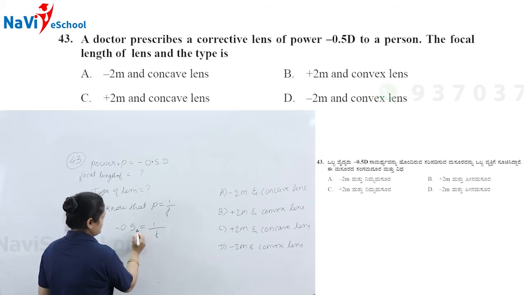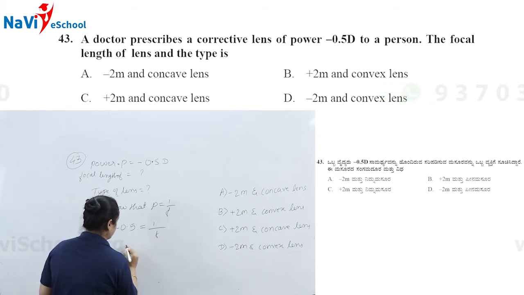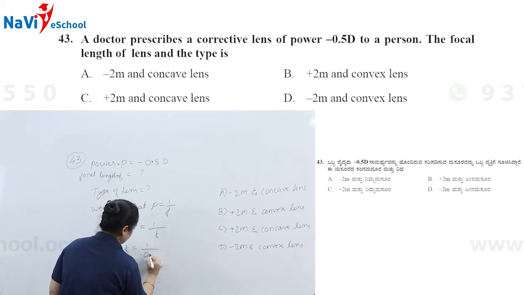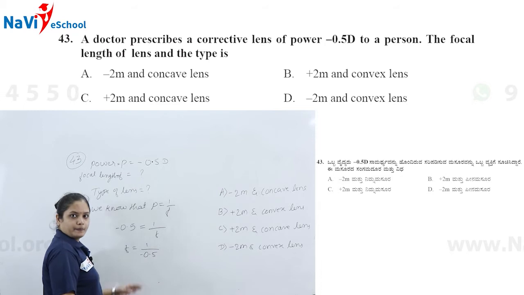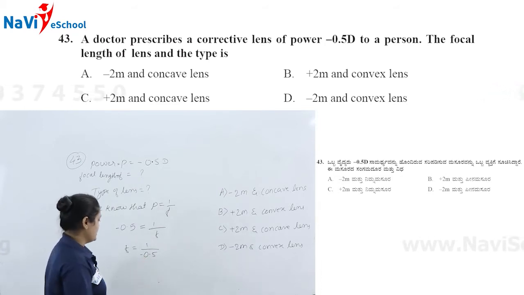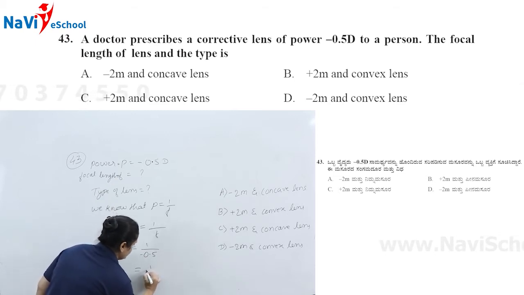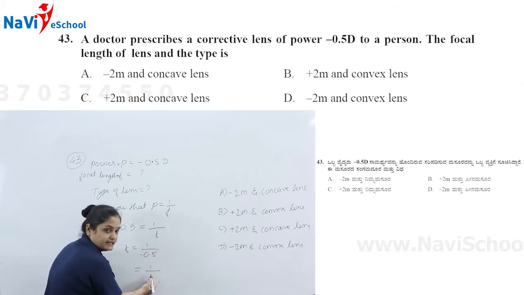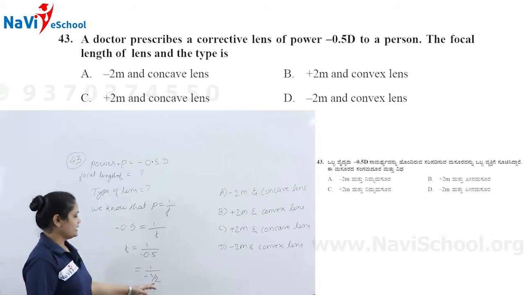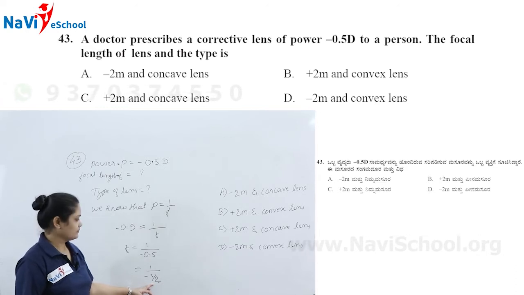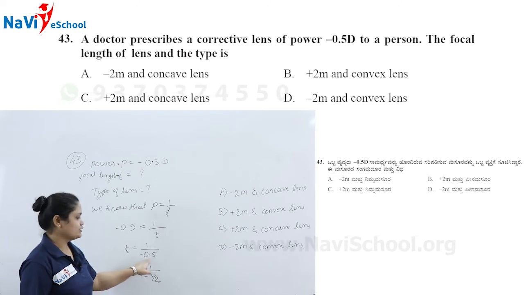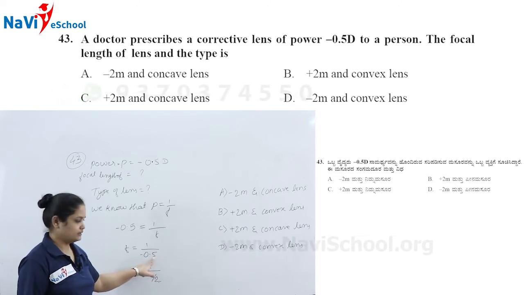So, here transfer these two, you will get f is equal to 1 divided by minus 0.5. Okay. So, here this 0.5 you can write in the form of 1 divided by 2, minus 1 by 2. Can I write like this? If you divide 1 upon 2, then you will get 0.5 only, isn't it?